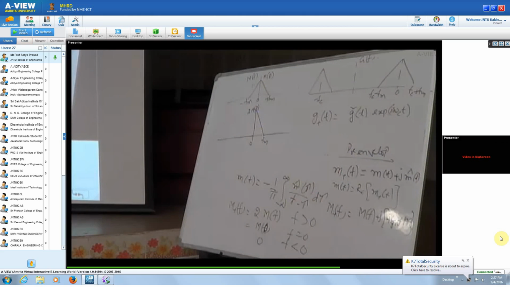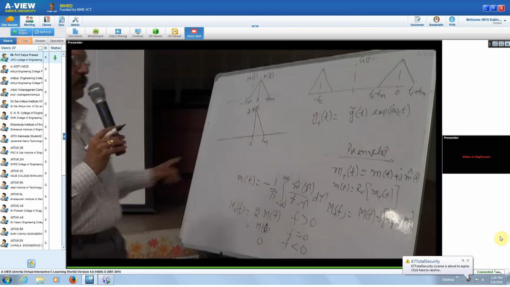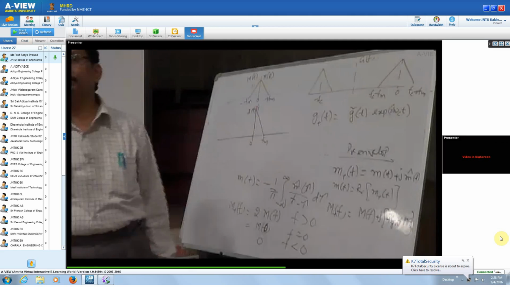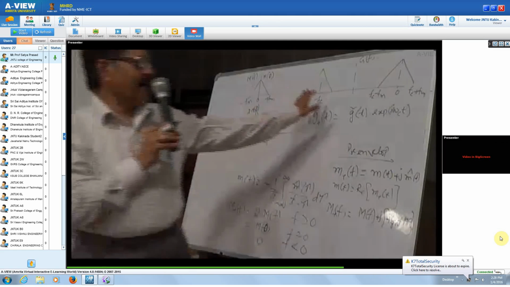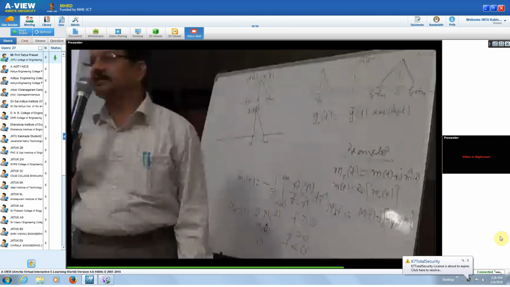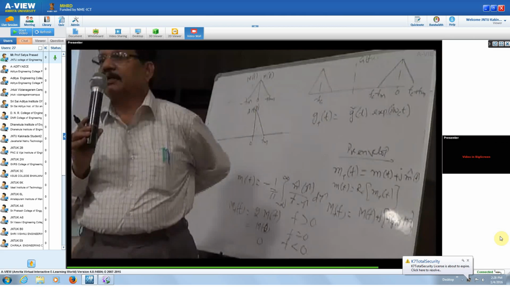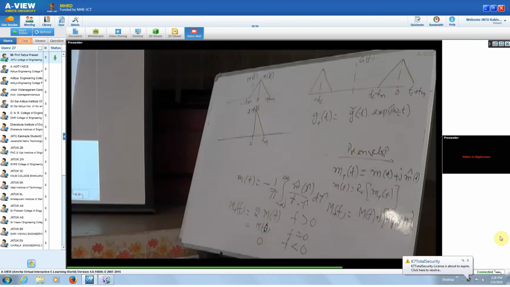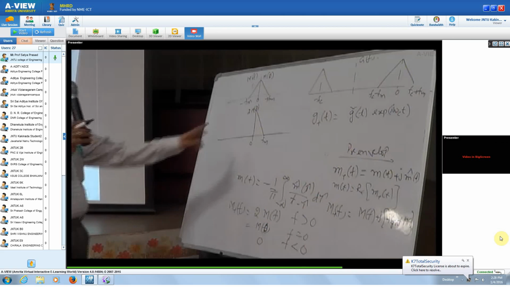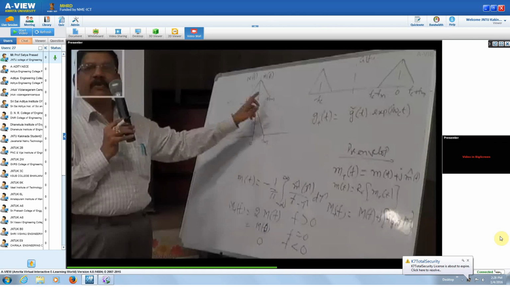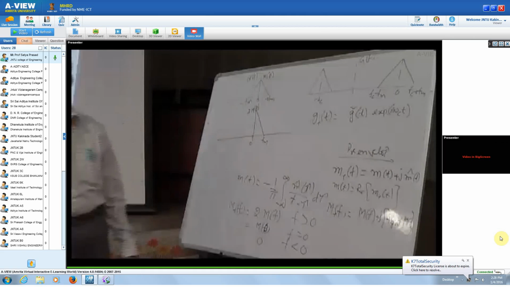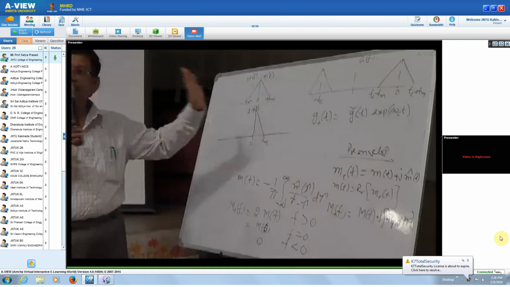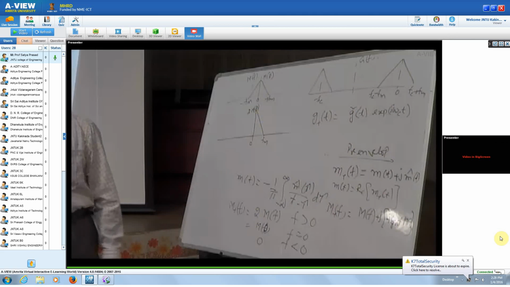And for this one, we are going for a pre-envelope. So when we have these two spectral lines in the spectrum, what will be our pre-envelope signal? When we have minus Fm to Fm, we have only 0 to Fm with twice the total magnitude.